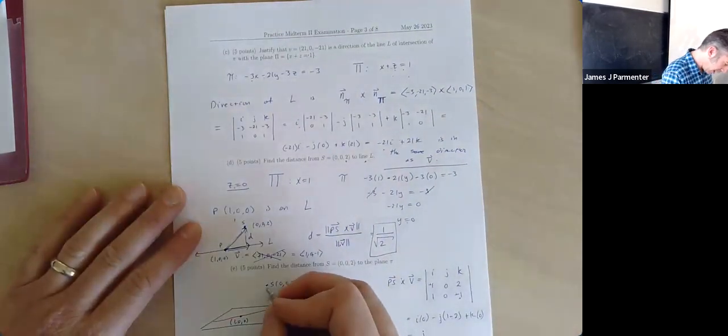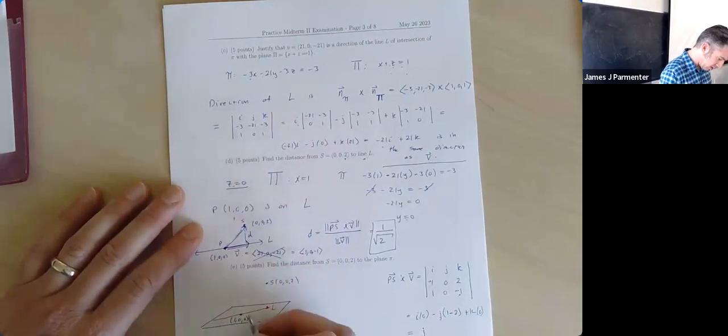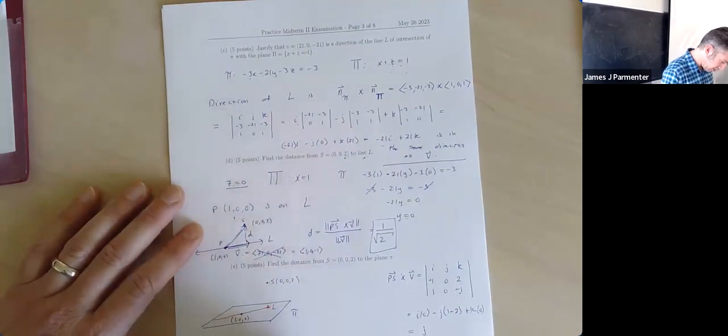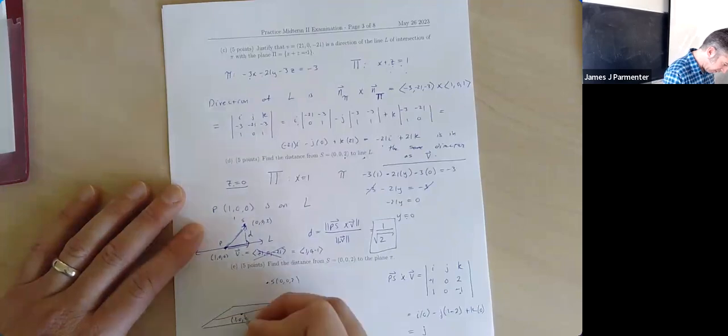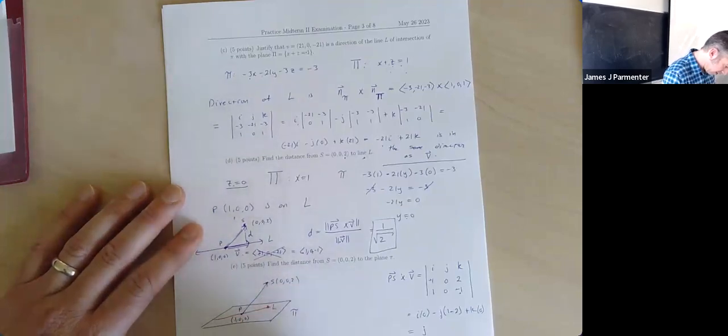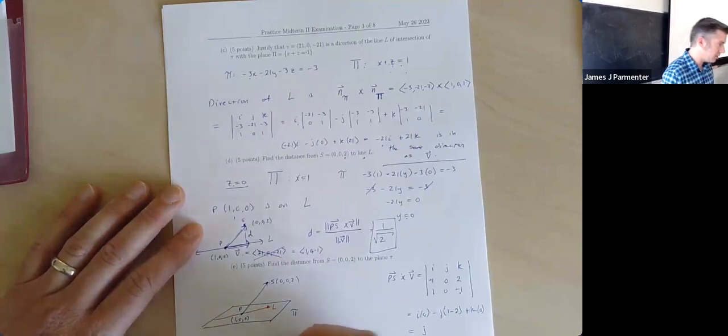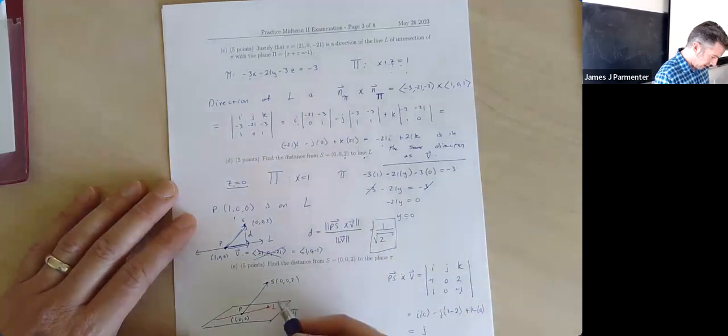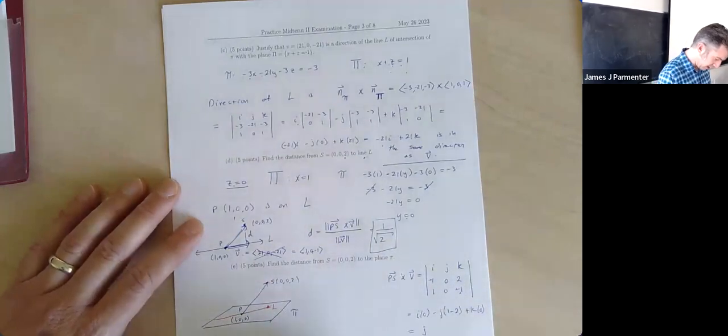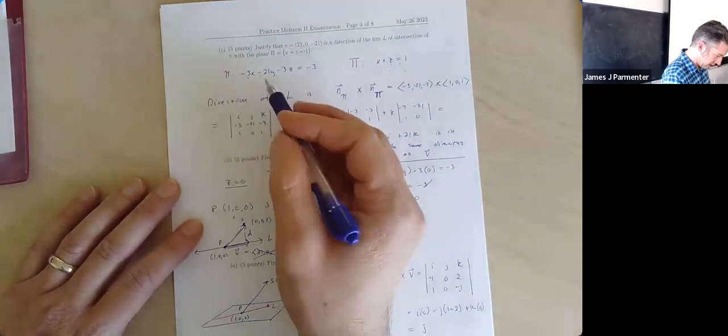So in this case, the way you typically find it is you do the normal vector to the plane dotted with your vector PS, divided by the magnitude of your normal vector. And then it's the absolute value of that top part there. All right, the normal vector to the plane is -3, -21, -3. Oh yeah, question. Oh, you can't see it?